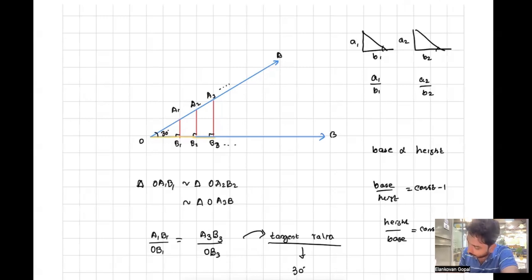And for 30 degrees, no matter whether it is a small triangle or a big triangle, you take the height and divide it by the base, you will end up with some constant like this. If in this particular case it is 0.57, it will be 0.57 even for the larger triangle A3B3 to the base.